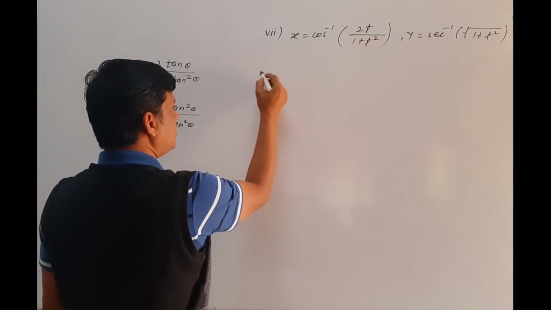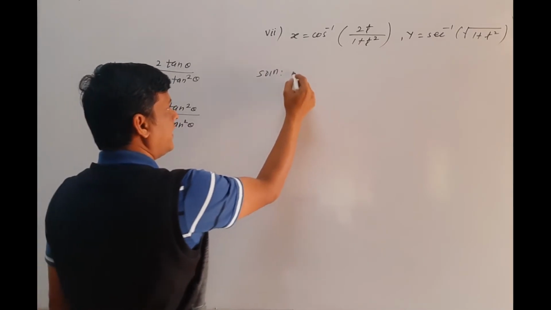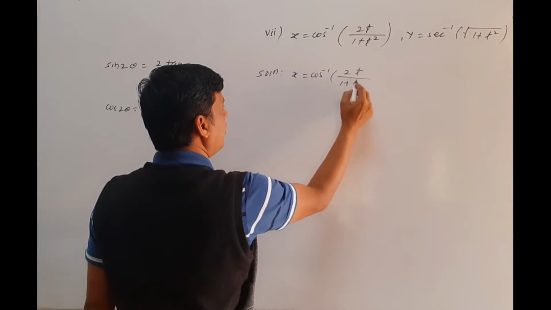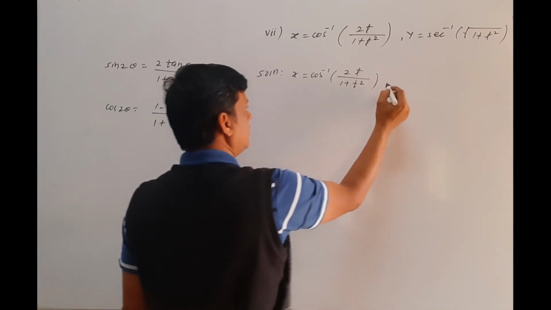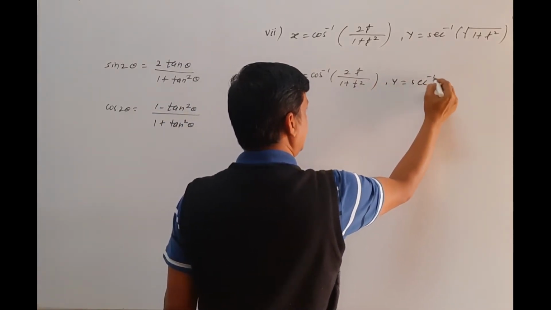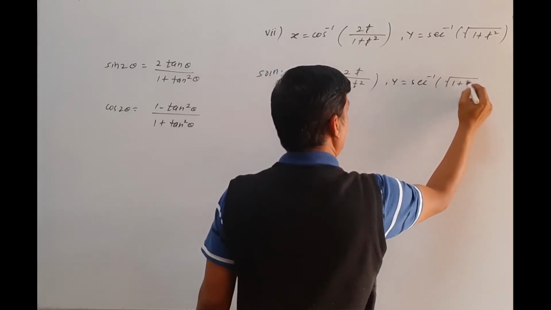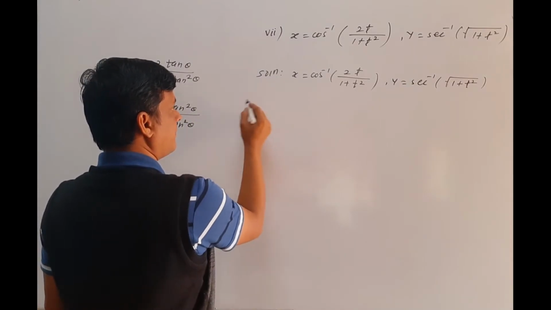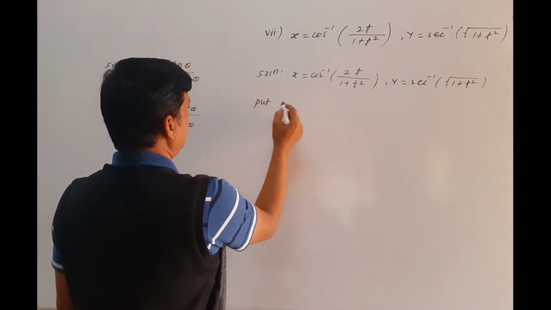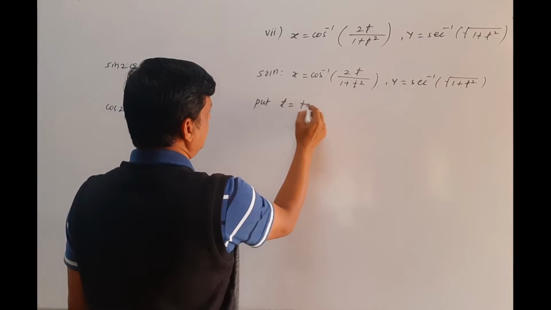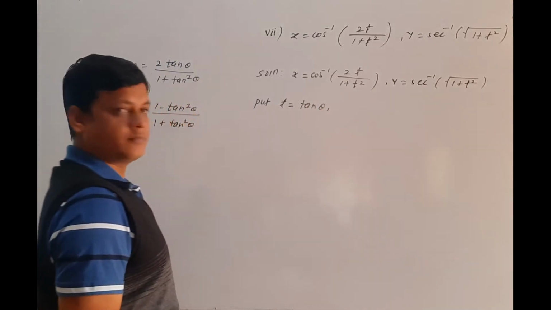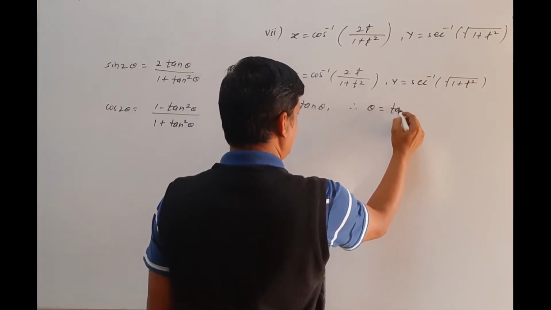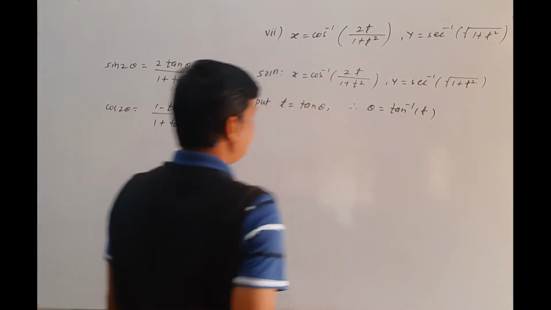So write in solution: x is equal to cos inverse of 2t upon 1 plus t square. y is equal to sec inverse of root 1 plus t square. So write here, put t is equal to tan theta. Therefore theta is equal to tan inverse of t.